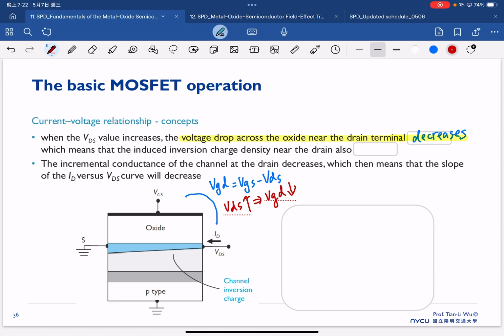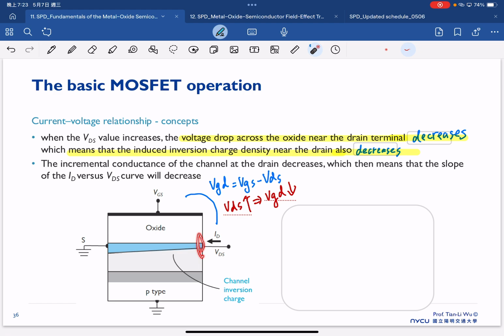then we will have a decrease of the VGD. So once we have a decrease of our VGD, that means the induced inversion charge density near the drain side also decreases. Right? Because the charge under the gate is always positively correlated with our gate bias. And now because our VDS increases, the voltage at this point, VGD, is actually decreased.